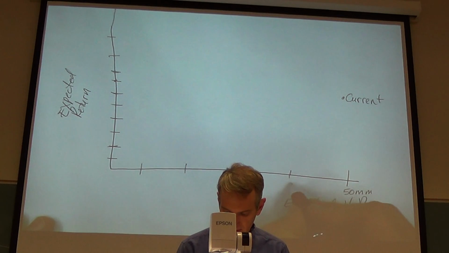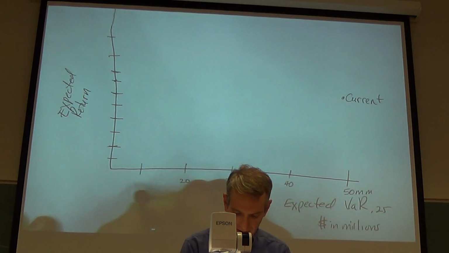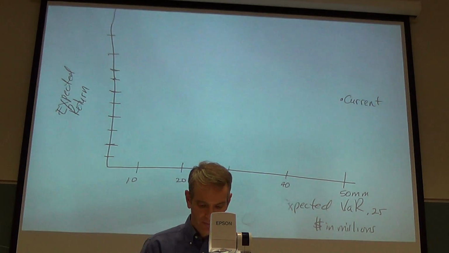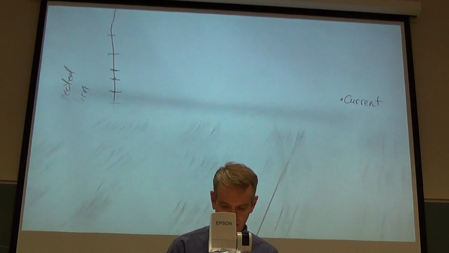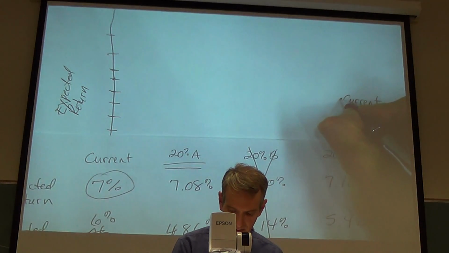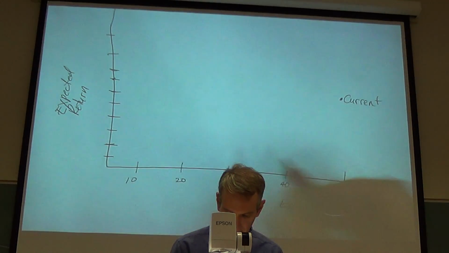I can't draw these things well, so just imagine that this is symmetrical. All right, strategy A has a slightly higher return, 32.9. So right here, slightly higher return.